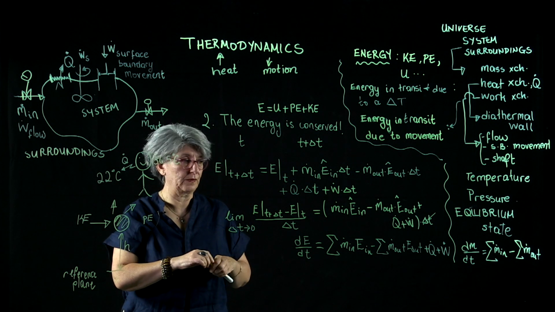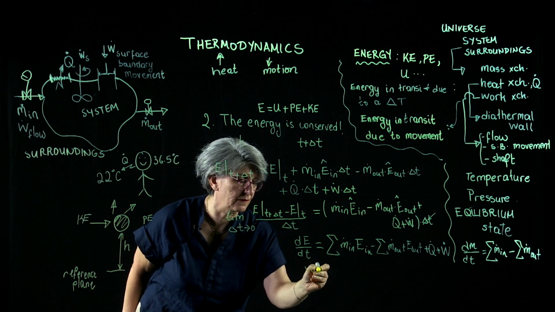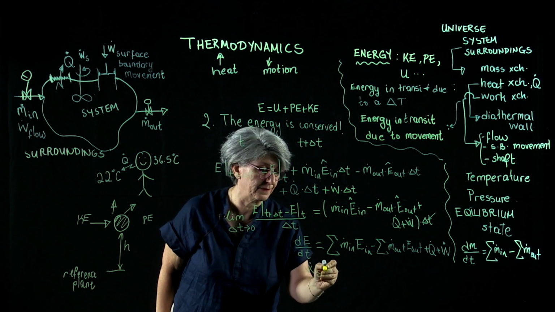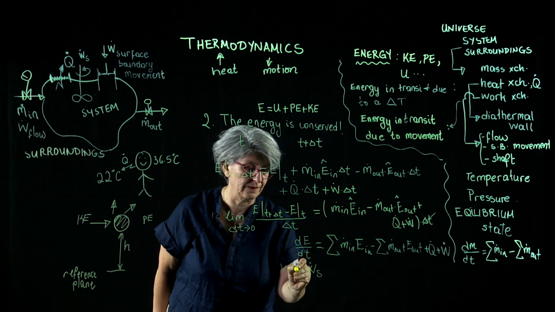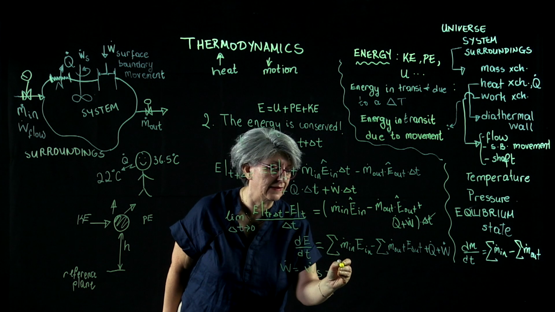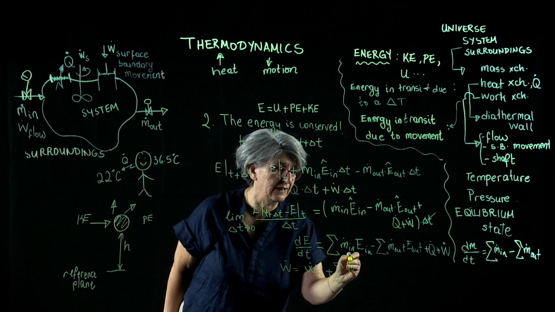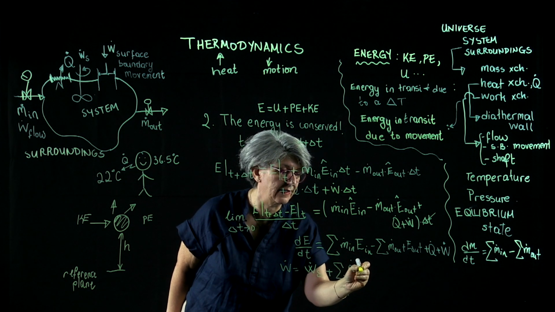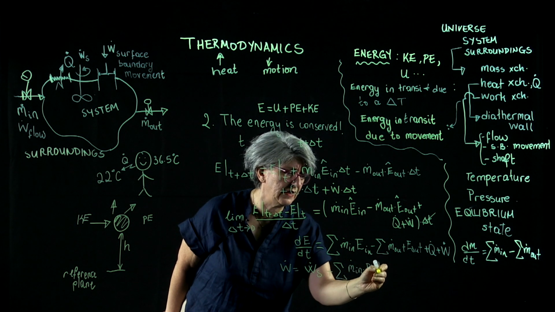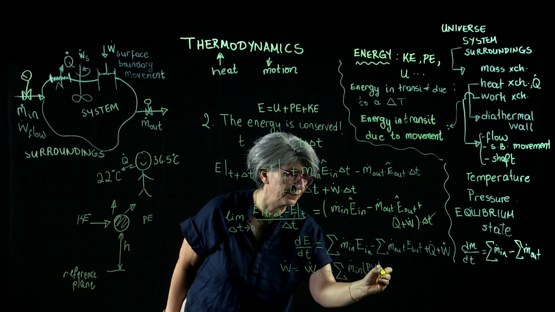So, let's indicate the shaft work as it is. Flow work is m dot in times p times v in, and I'm going to explain these terms.